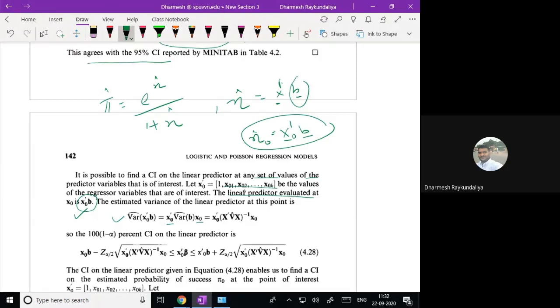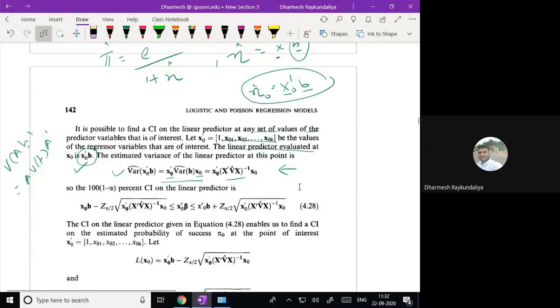We know that variance of A b is equal to A variance of b A transpose. Similarly, we apply that here, and the variance of b we have already calculated in the earlier expression. When you take the square root of the variance of x0 dash b, it gives the standard error of the linear predictor. So what is the confidence interval? By the usual procedure, the lower bound is the estimate minus the test statistic times the standard error of the linear predictor, that is, the square root of this.